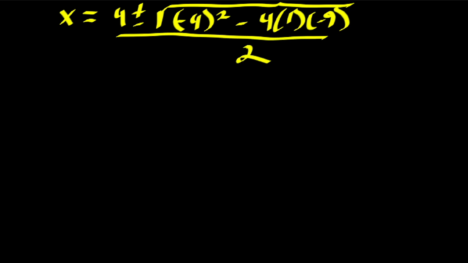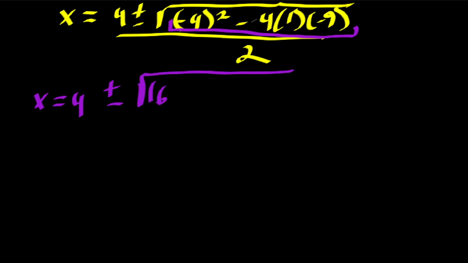So the first thing I want to do to simplify this on the inside is make sure that I get everything inside the radical dealt with before I move on. So I would square negative 4 first. That would give me 16. Negative 4 times 1 times negative 9 would create plus 36. And then it's all over 2.